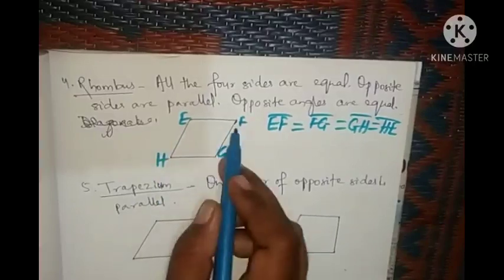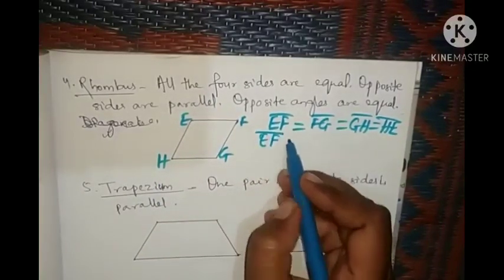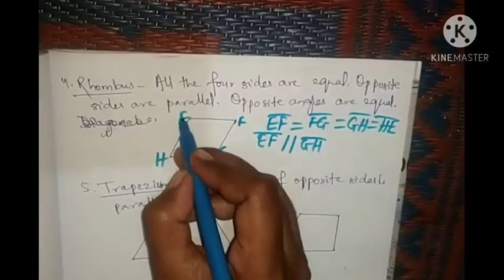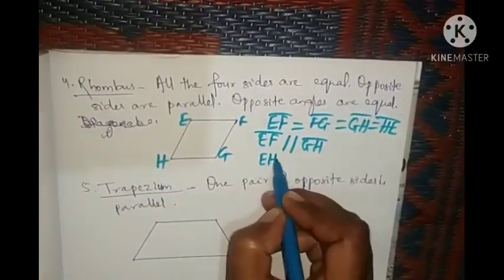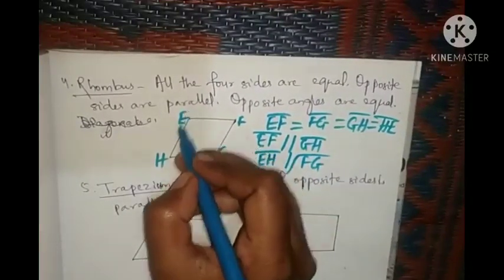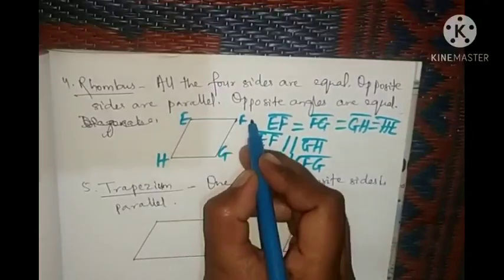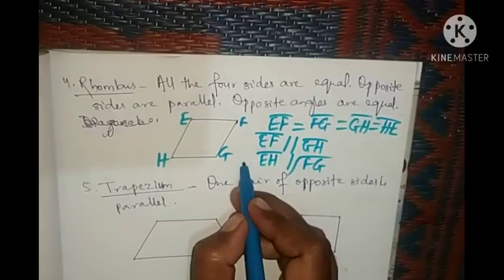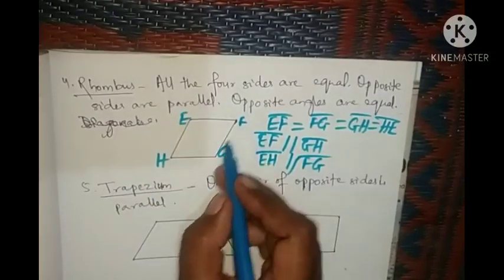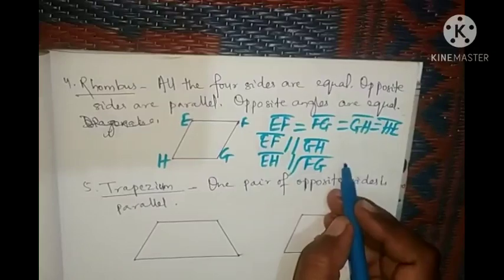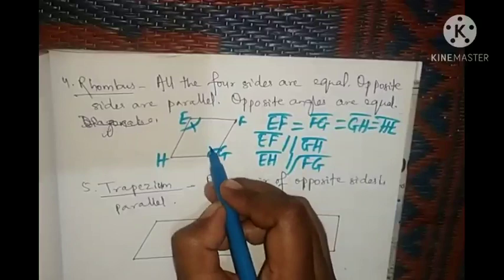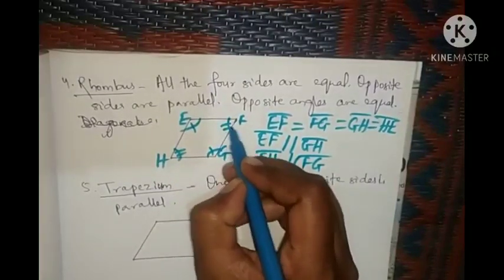Then opposite sides are parallel, meaning EF is parallel to HG, and EH is parallel to FG. Next, opposite angles are equal, like this you can mark it.